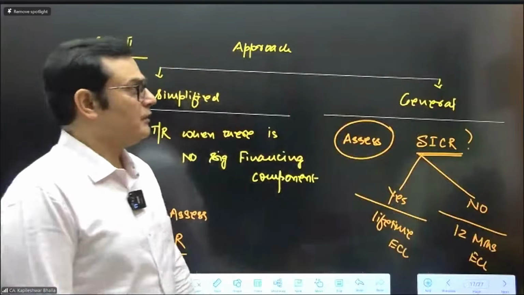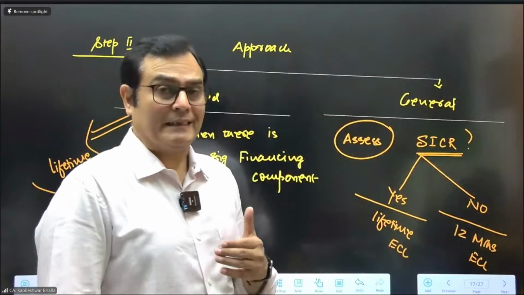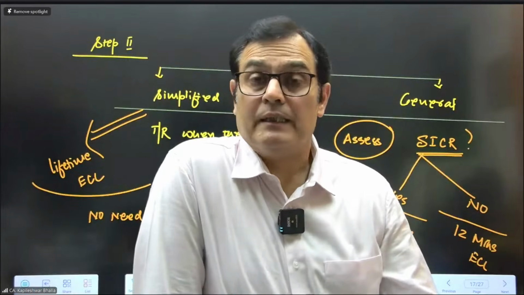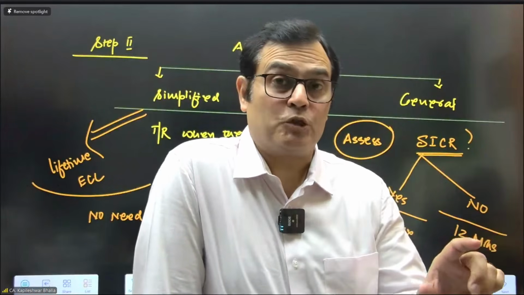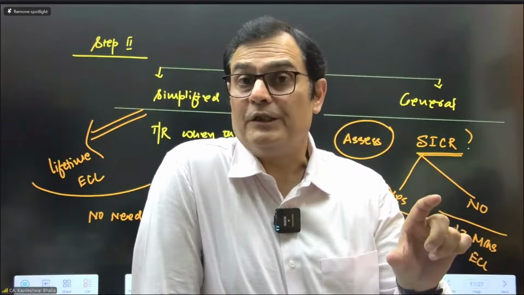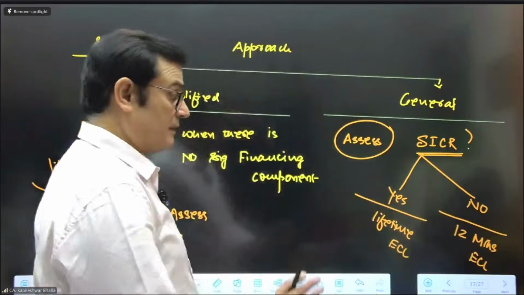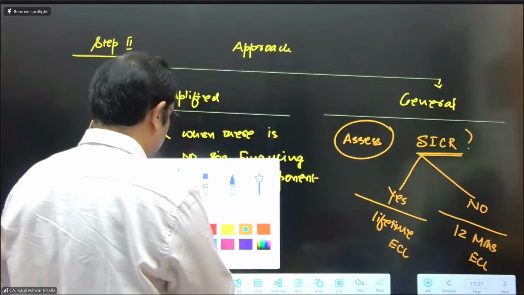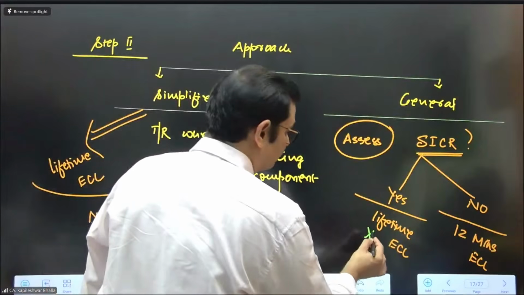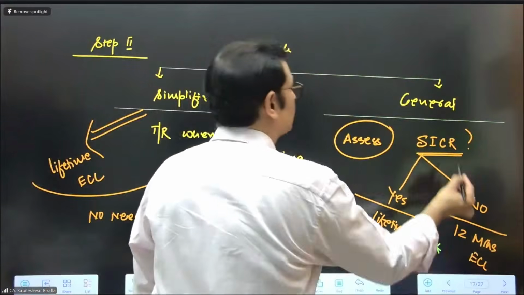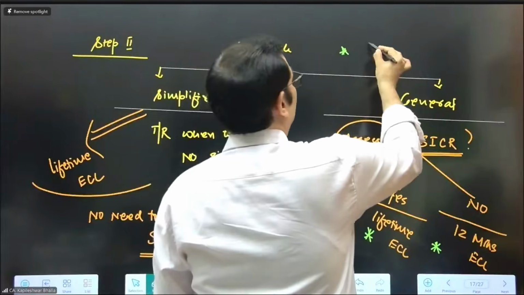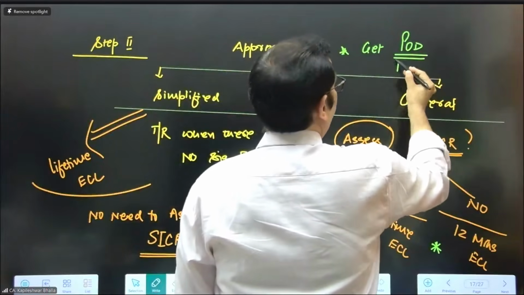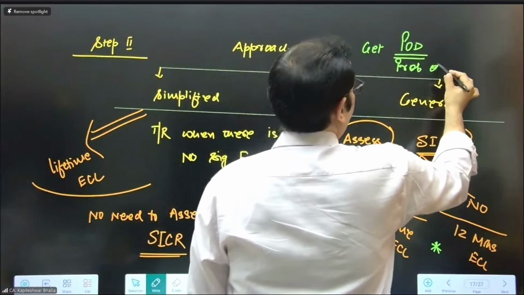After you identify whether there is a significant increase in the credit risk, everything pertains to the calculation of the probability of default. This assessment of whether we're using lifetime or 12 months ECL will at the end of the day get you the POD, the probability of default.